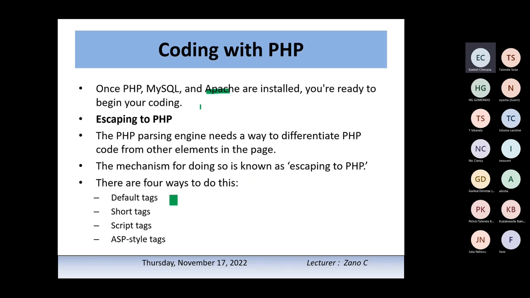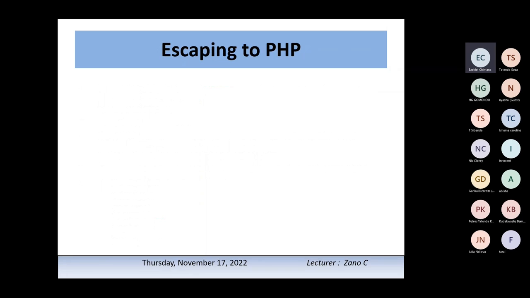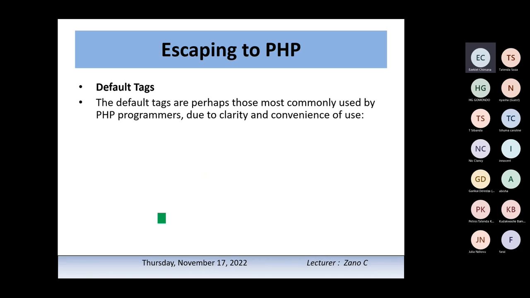There are the default tags, short tags, script tags, and ASP style tags. So, escaping to PHP using the default tags. The default tags are perhaps those most commonly used by PHP programmers due to clarity and convenience of use. So these are the default PHP tags.